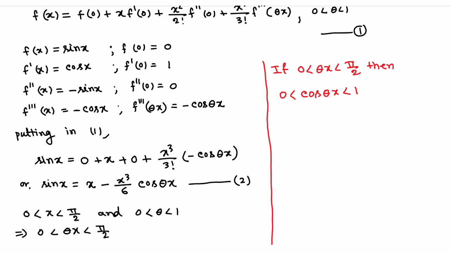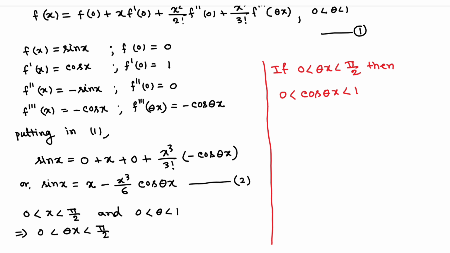Clear? Because you know cos 0 equals 1, the maximum value, and cos pi by 2 equals 0. So the maximum value is 1, the minimum value is 0, and all other values are between 0 and 1. Clear? Okay, so now we have to get this result, x minus x cube by 6, this expression. So obviously let's multiply.